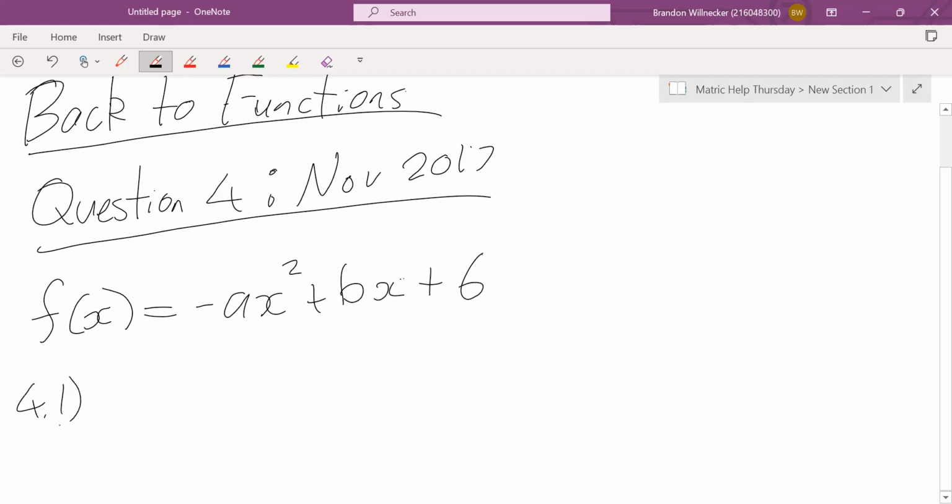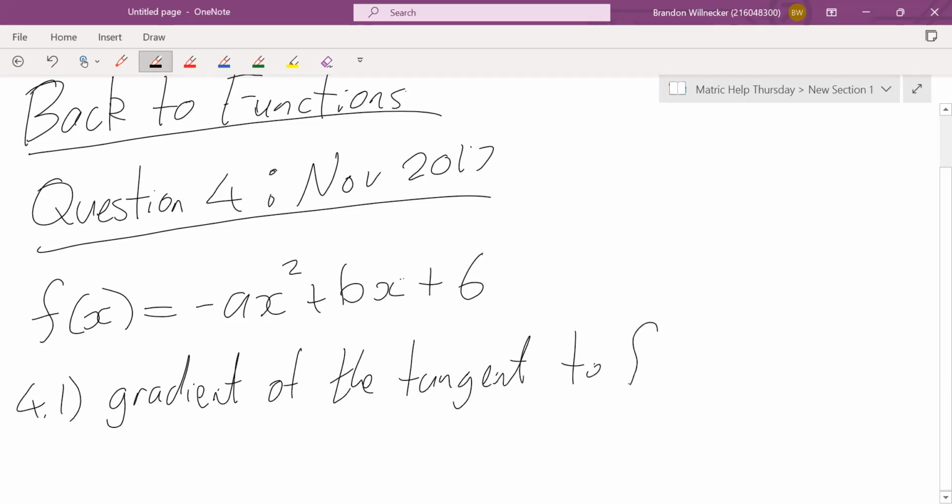We are given that the gradient of the tangent to f at the point minus 1, comma 7 over 2 is 3.